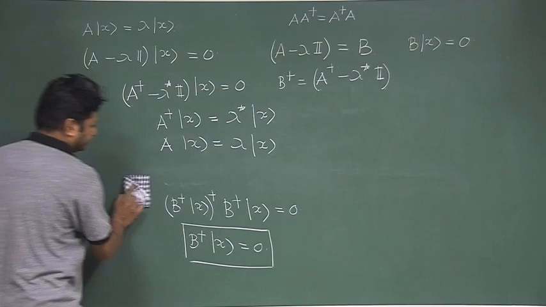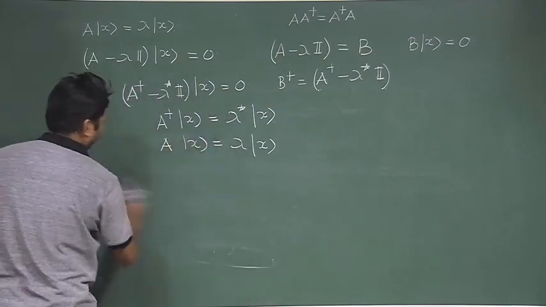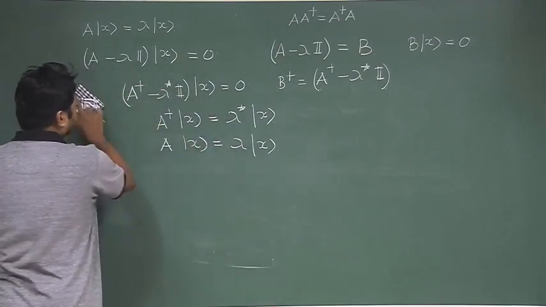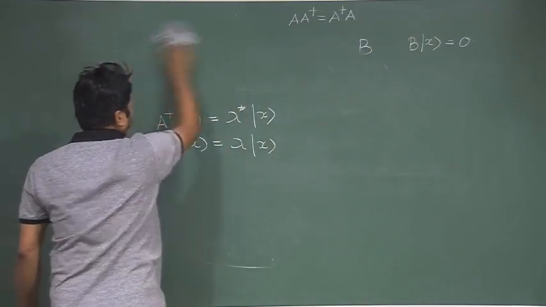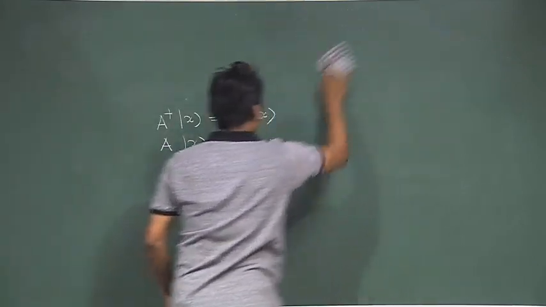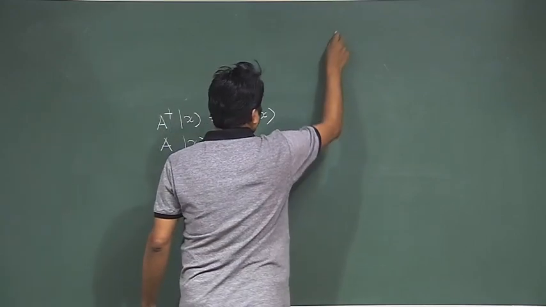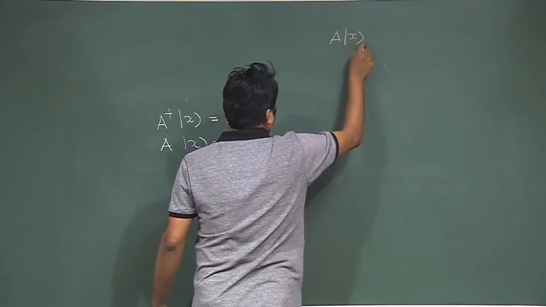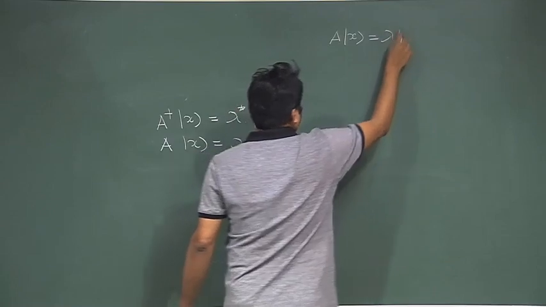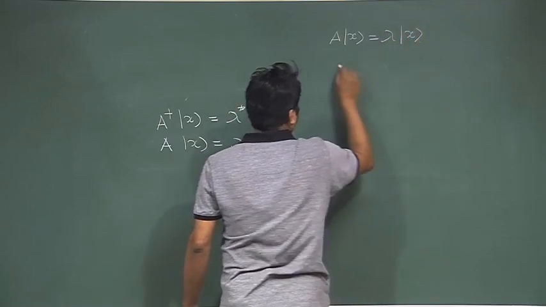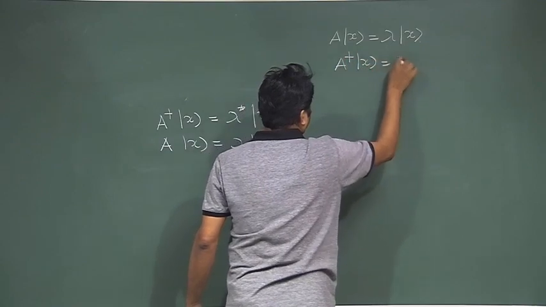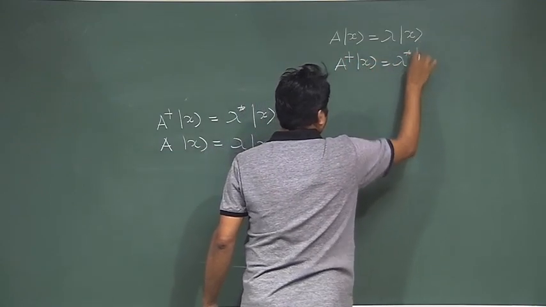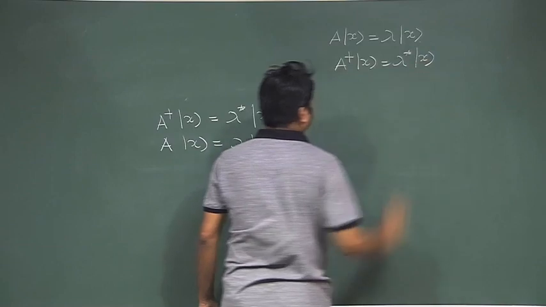Okay. So now let me write it somewhere here because this conclusion is important. So A x is lambda x, A Dagger x is lambda star x, that I got.